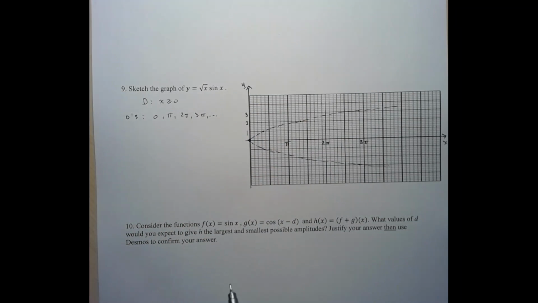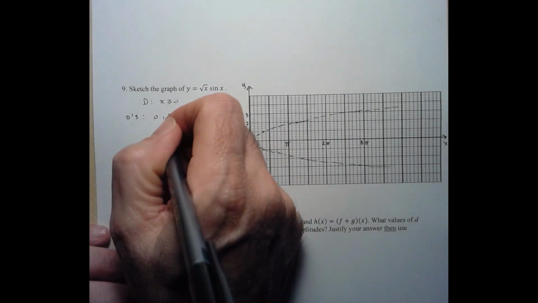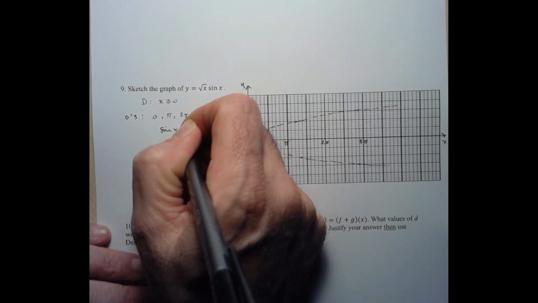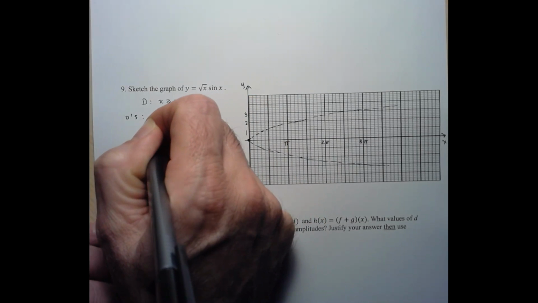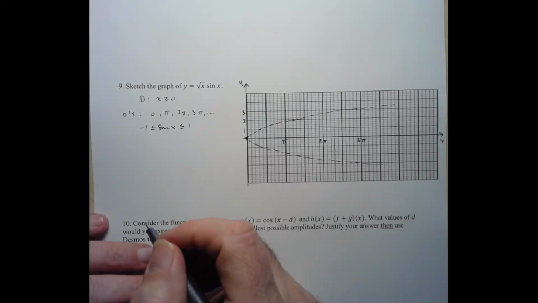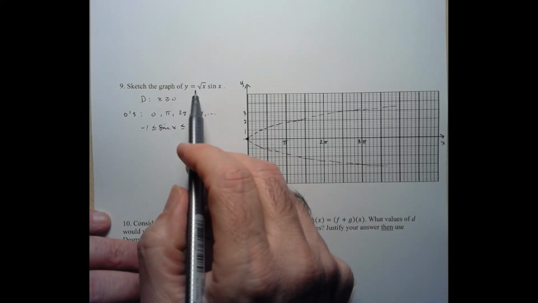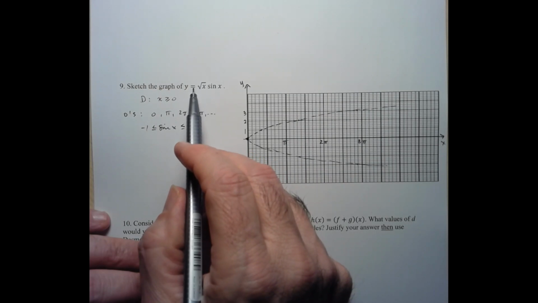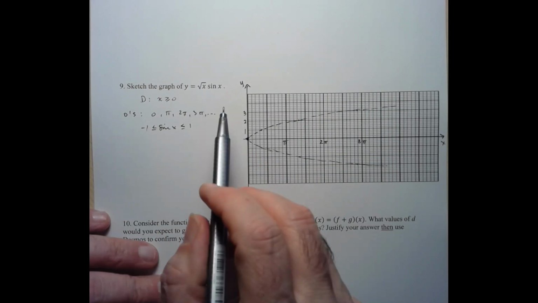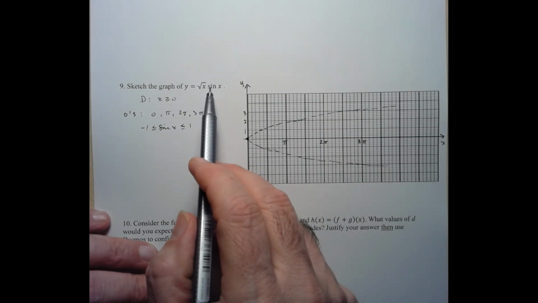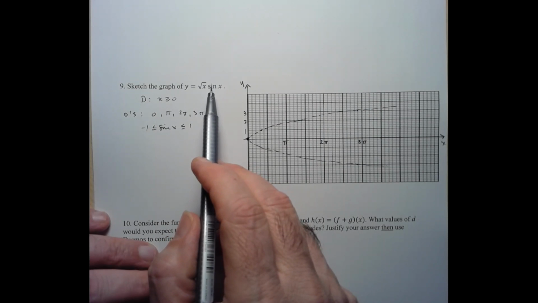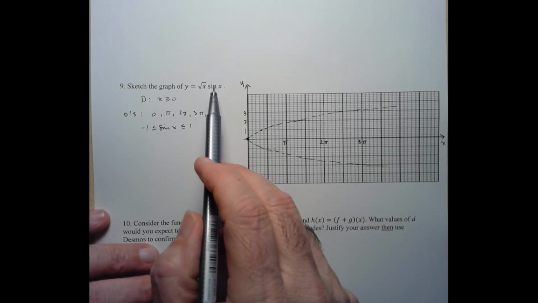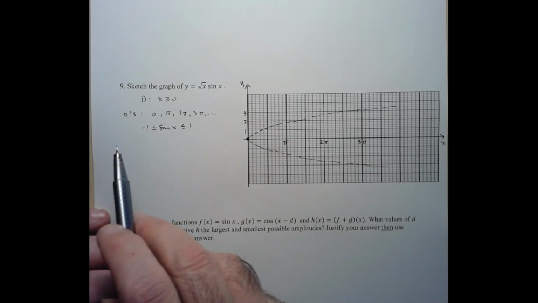Okay? And the other thing that I know is that sine x lives between 1 and negative 1. Okay? So at the very most, this expression here for any x value is going to have the value that root x has. Because otherwise I'm multiplying sine, so when it's positive, by some fraction, less than 1, so it's going to be less than root x.